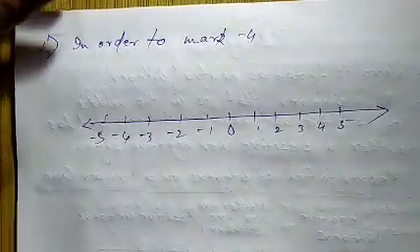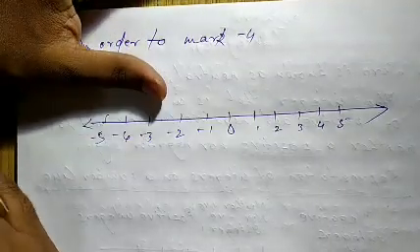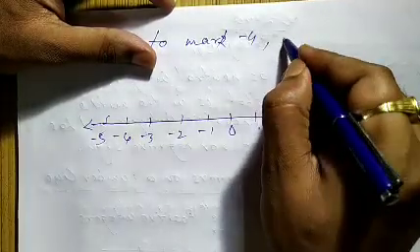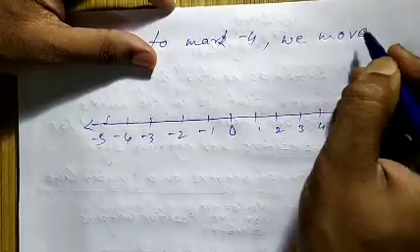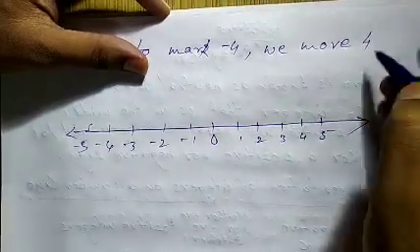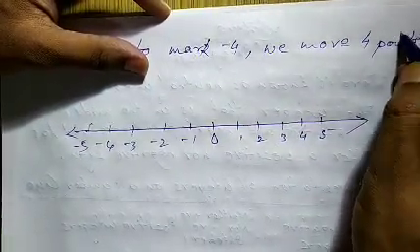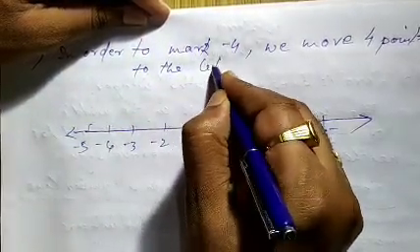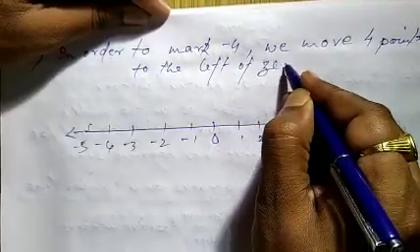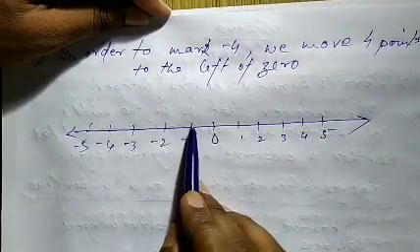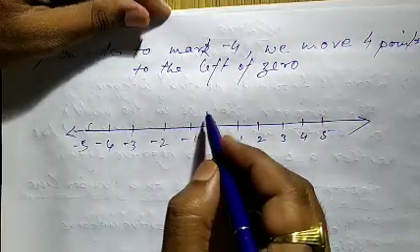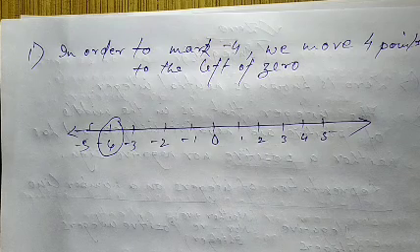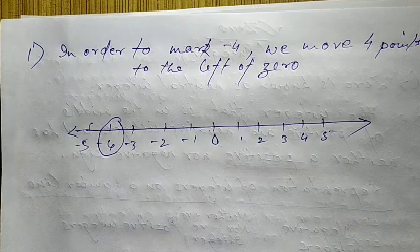In order to mark -4, we move 4 points to the left of what? 0. -1, -2, -3, -4. So this is the mark of -4.